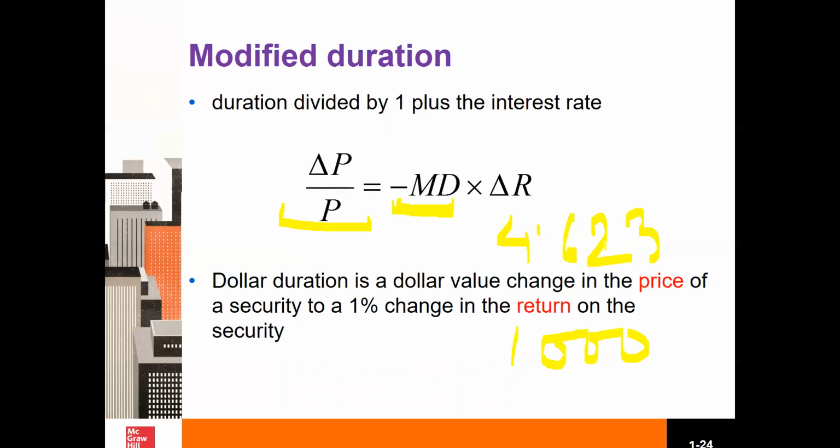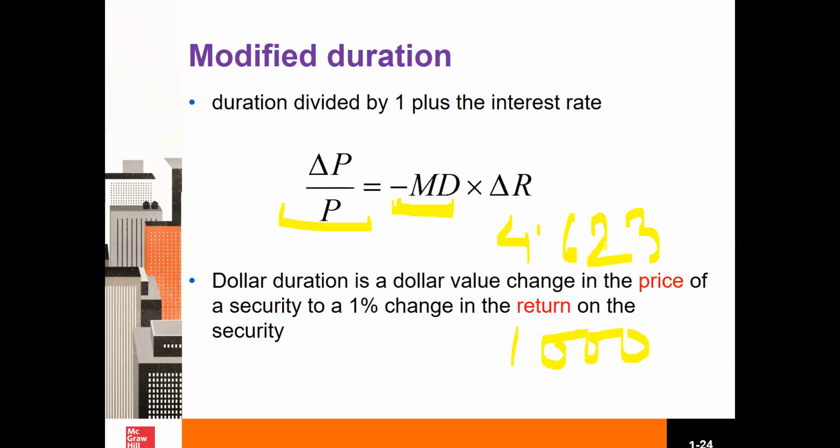It means that as the interest rate changes by 1%, I mean 100 basis points, the bond price will change by $46.23. So that's a use of the dollar duration term.